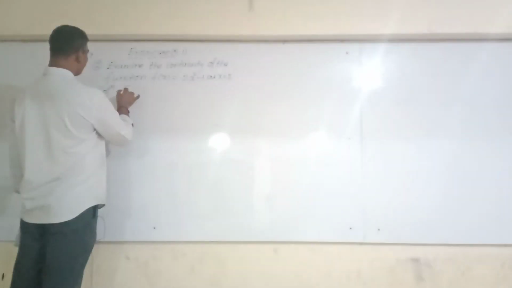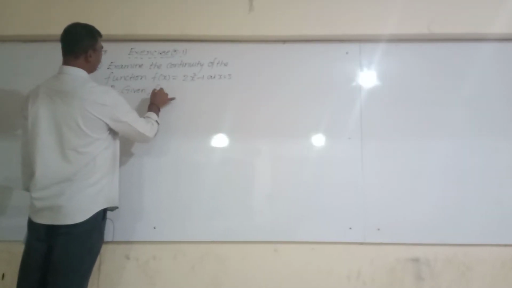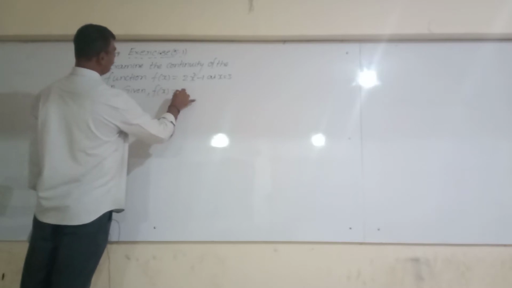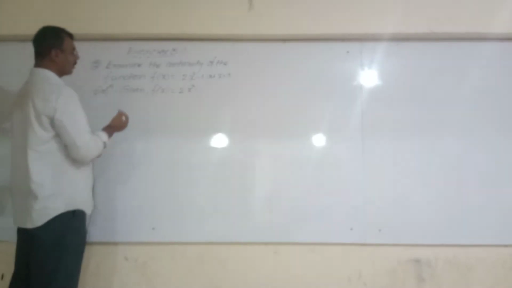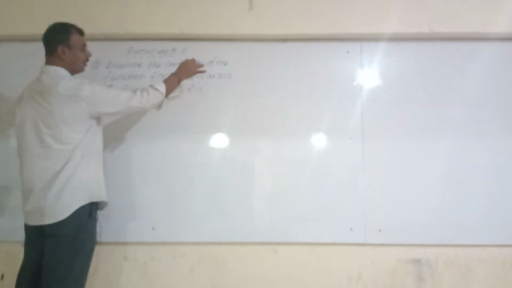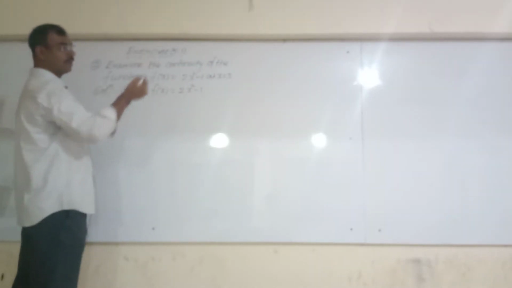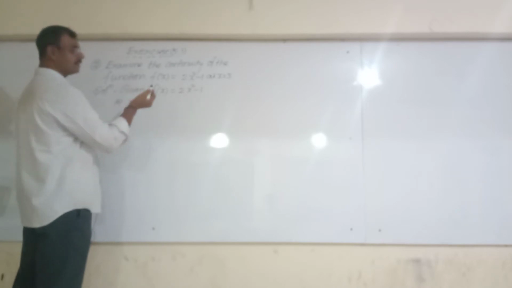Let us check once again and solve the problem. As it is in the same model, take the function f of x equal to 2x square minus 1. We have to check at this limiting point only. At what points we have to check is important. It will be mentioned in the problem. In case it is not mentioned, we should take it generally.